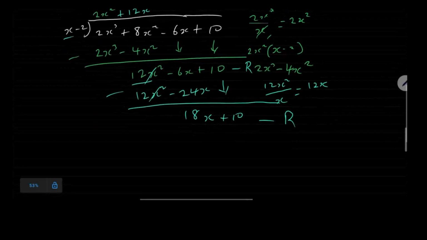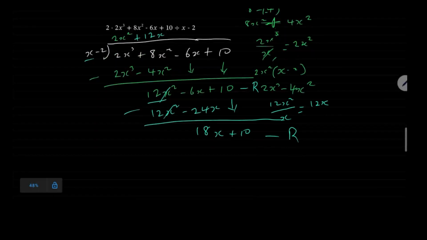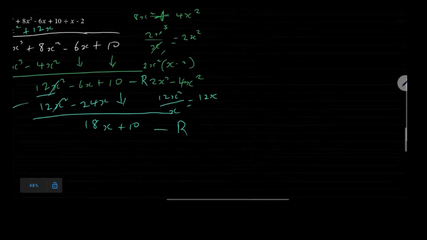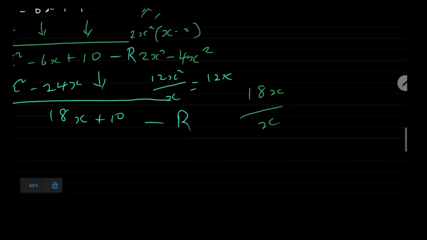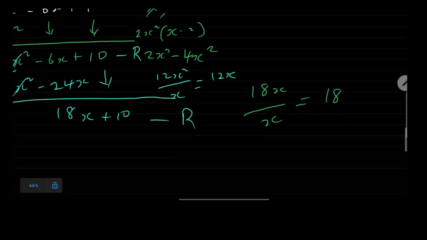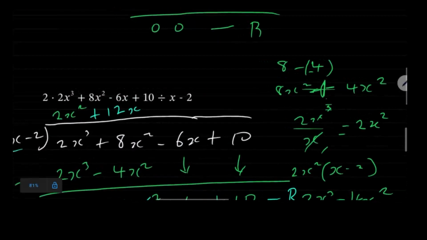So we have 12, 18, my bad. Let me bring it back to the color here. So in this case, we have 18x. x divided by x is going to give us 18, and that one will also come at the quotient side. It's a positive, so we have plus 18.